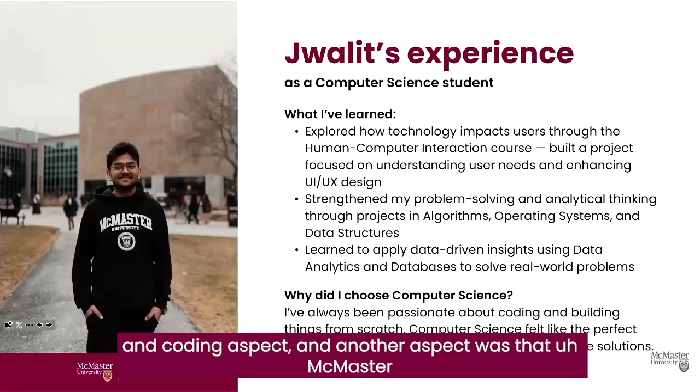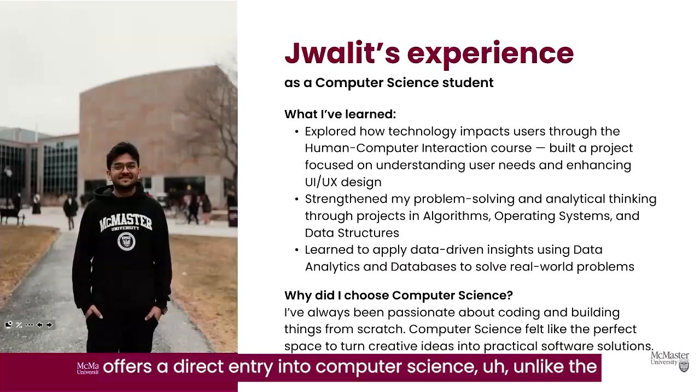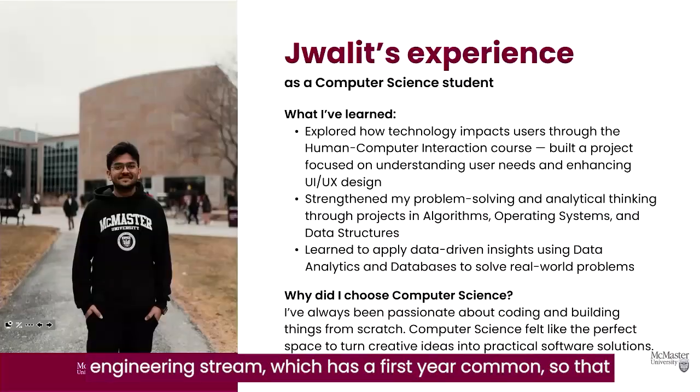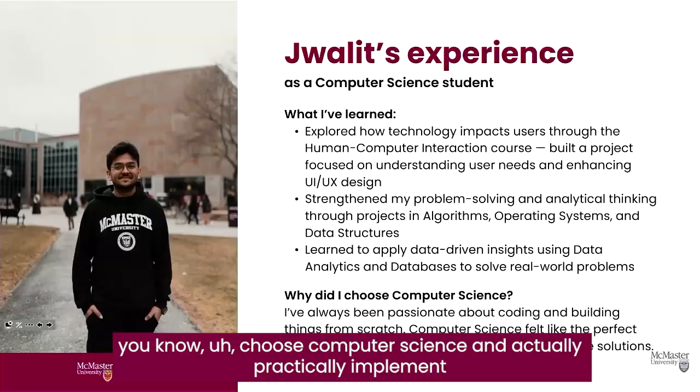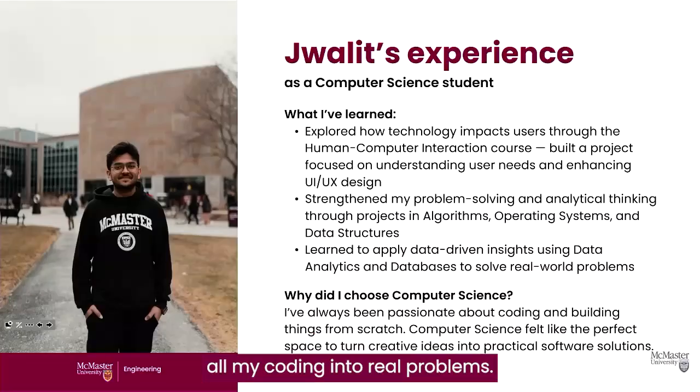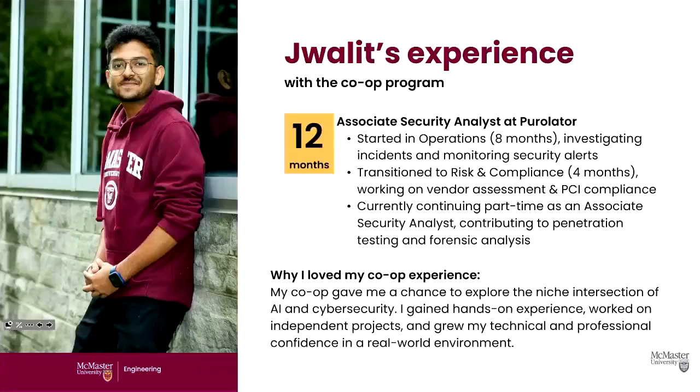Another aspect was that McMaster offers direct entry into computer science, unlike the engineering stream, which has a common first year. That was one of the key reasons for me to choose computer science and practically implement all my coding on real problems.